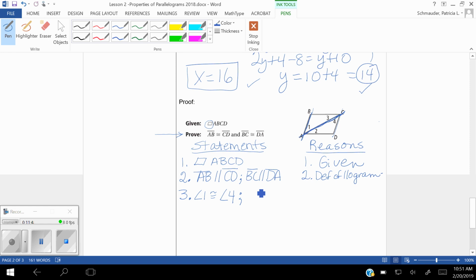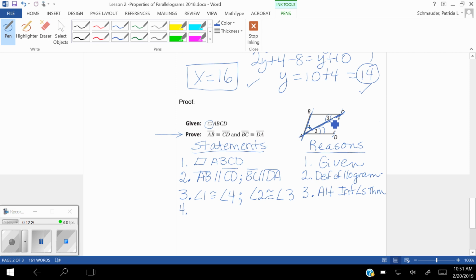And then I also know that angle 2 is congruent to angle 3. And how do I know that? Oh, because they're alternate interior angles. So the alternate interior angles theorem. Been a while since we used that. I hope you didn't forget it. Okay, so I've got 1 congruent to 4. I've got 2 congruent to 3.